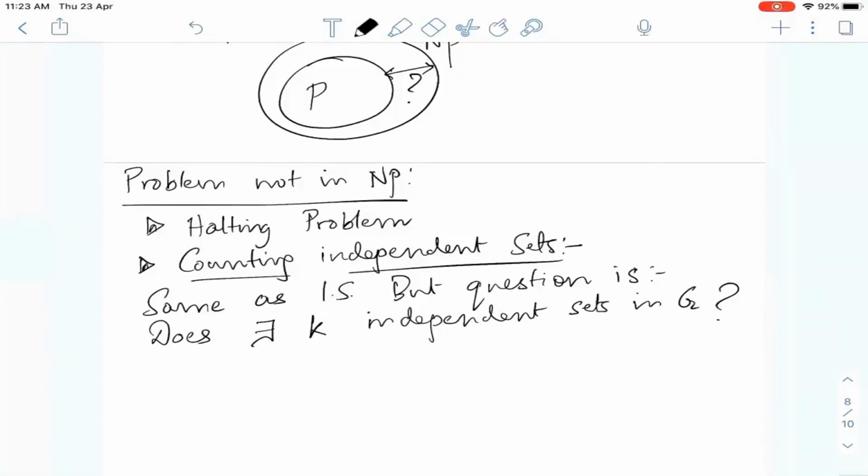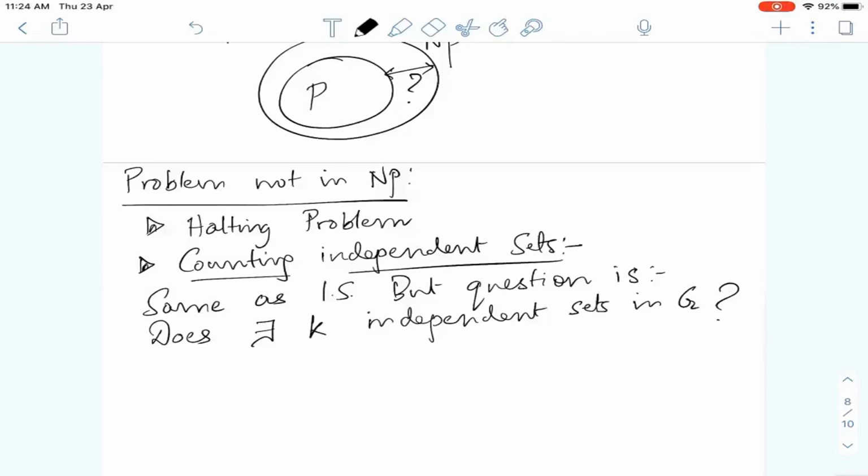If you think about it, it's not at all clear how to design a verifier for this problem. If someone comes and tells you, this is a solution, it's not at all clear how to check it, because then you have to check several possibilities essentially. That's right.